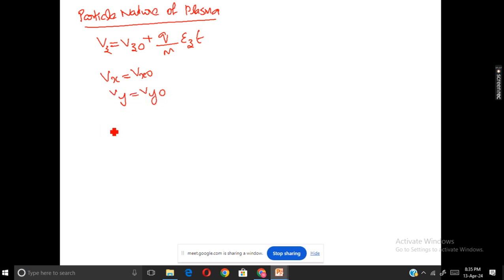And in the presence of a uniform magnetic field, we saw that the particle will have a helical trajectory. In the xy plane, it will have circular motion, and it will have a linear motion along the z direction.